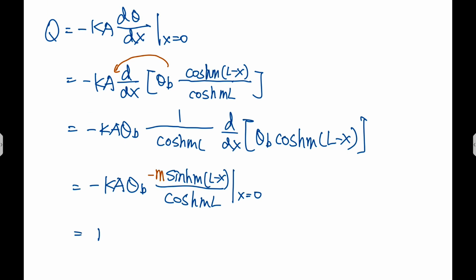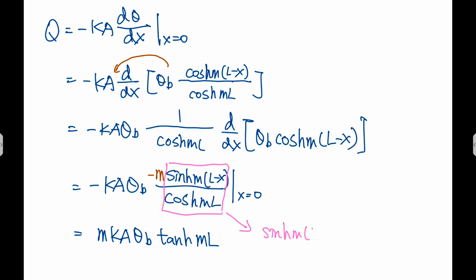Then this will equal to m k a theta b hypertangent m l, because this term is a combination of hypersine and hypercosine.